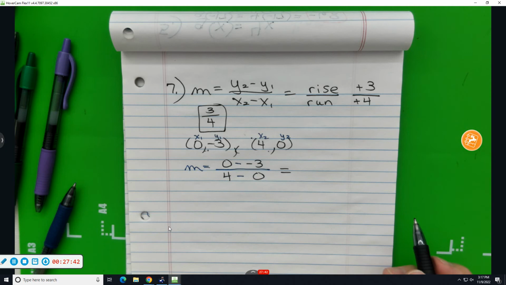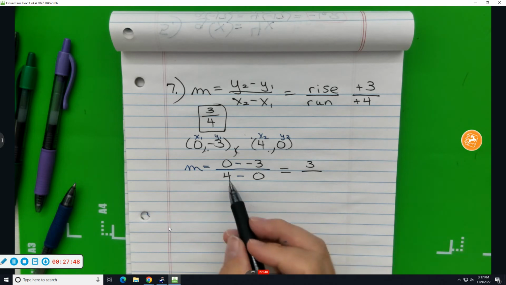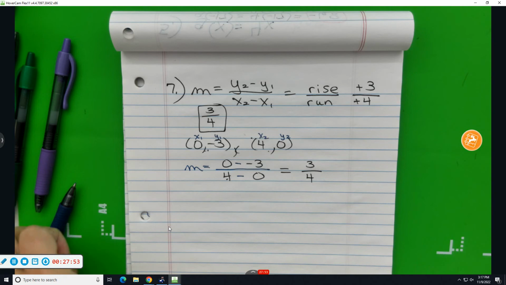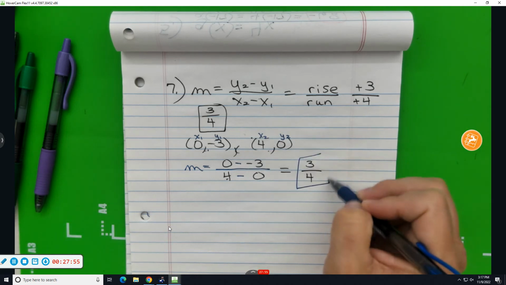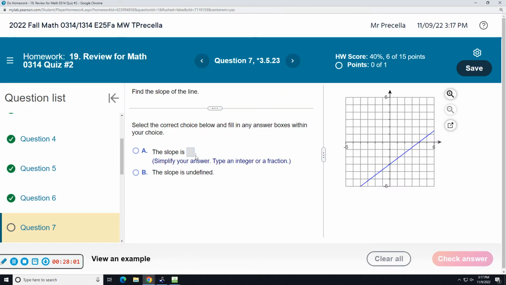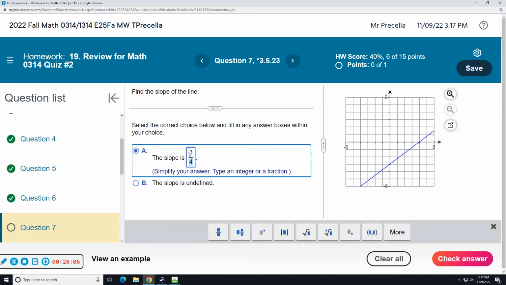That becomes a 0 plus 3. So we have a positive 3 all over 4 minus 0, I agree with 4. So either way, we're getting a slope of 3/4. The slope is 3/4.